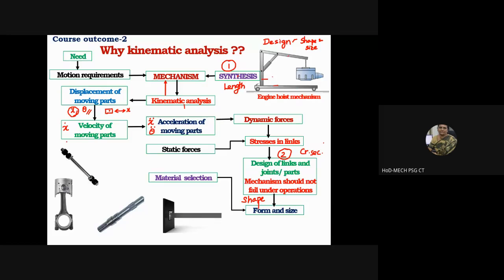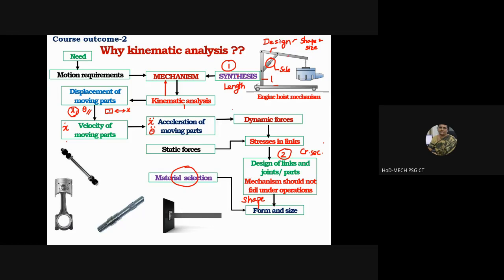So for this link, I need to find out the shape. I also need to decide on the material out of which it is to be made. I need to find out the cross section of this, and here it is a cylinder. Here I need to select a cylinder of appropriate load capacity.